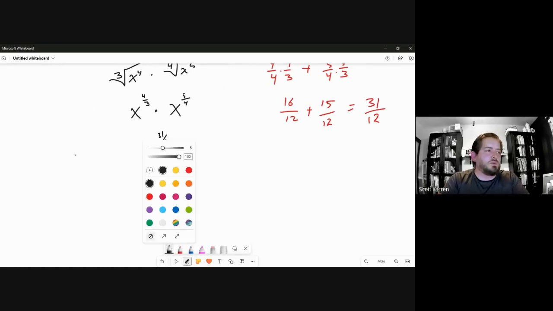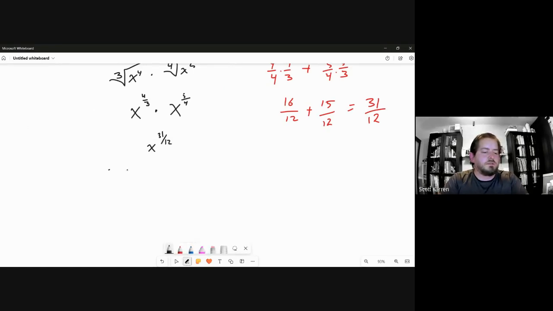Option one is to do what we just did and say this is the 12th root of x to the 31. There's two groupings of 12 that I can pull out, so that comes out as x squared, two groups. If I take two groups of 12 out, that's 24, leaving me with 7 under my 12th root.